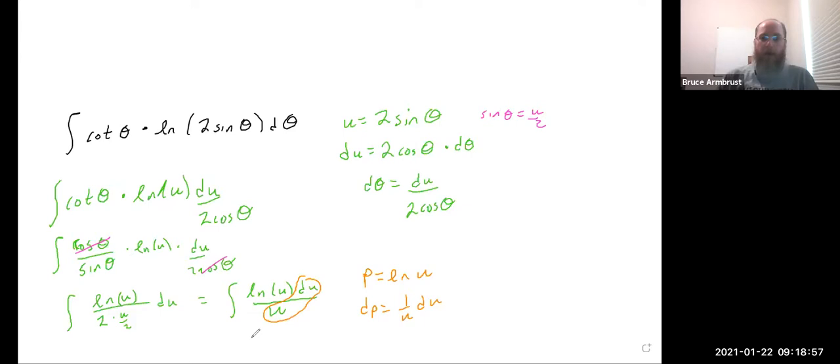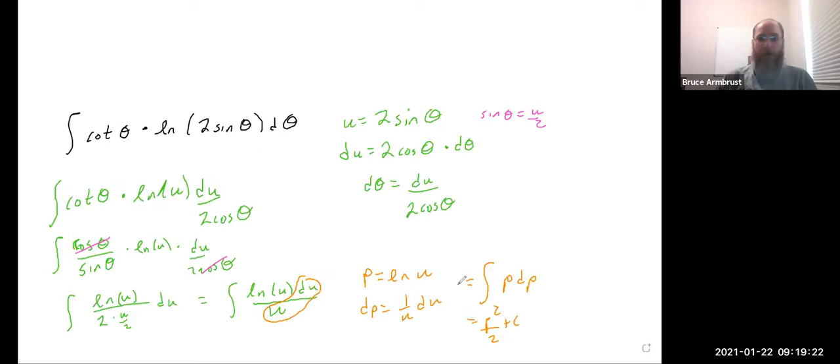So if I were to change this into an integral of p's, this is now going to be the integral of p dp. Oh, good Lord. But this is now easily integrable. This one's p squared over 2 plus c, which now just means go and plug in, right?